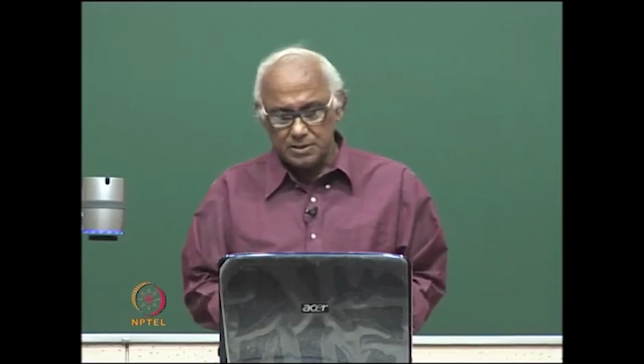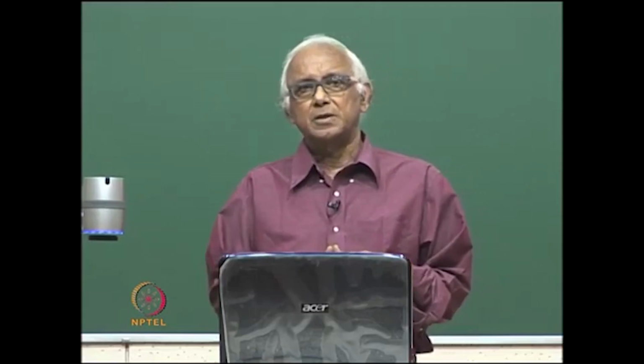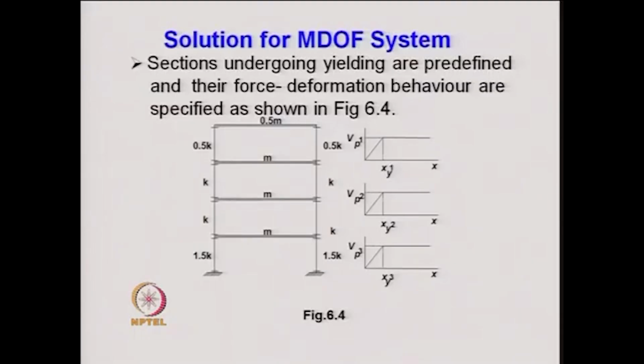The problem was that for a particular time station, the displacement, velocity and acceleration of the system were given, and for the subsequent time station we were supposed to find the displacement, velocity and acceleration of the system.